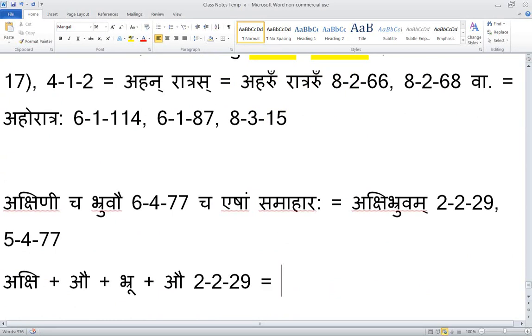Now, if we did not have 5477, then we would have had the sanapumsakam, and then the rassanapumsake pradipadikascha. So the compound would have been akshibru. Let me just type this in here first. So in the absence of 5477, you would have had akshibru.